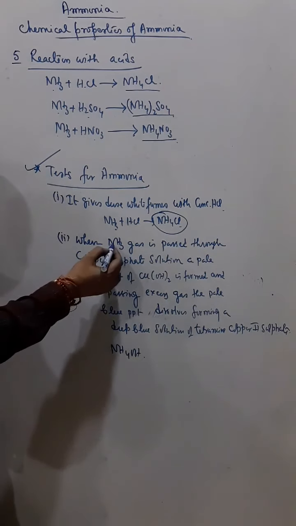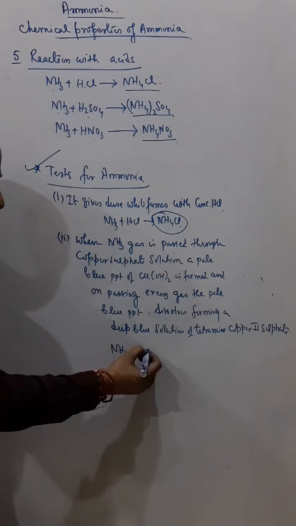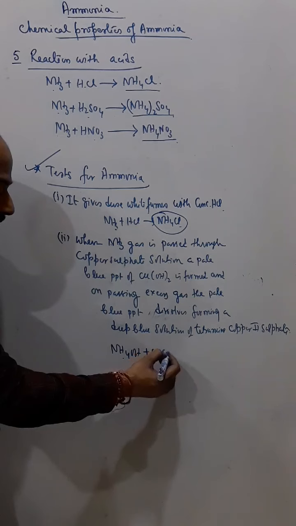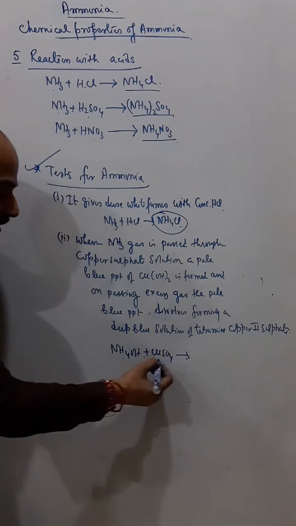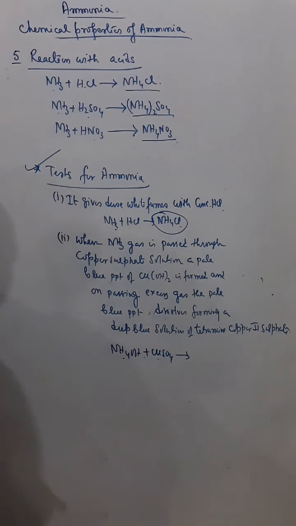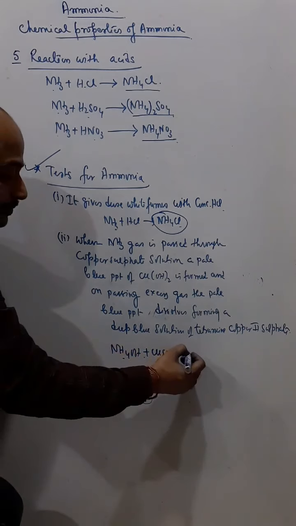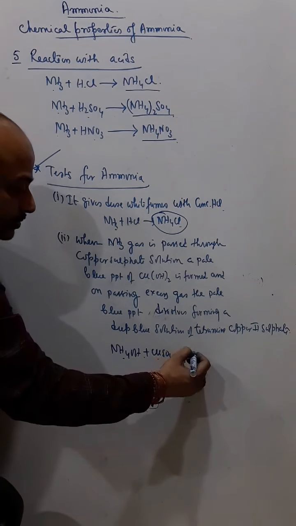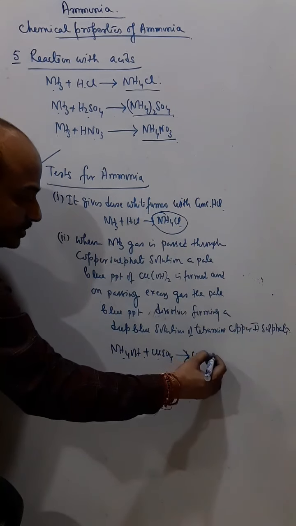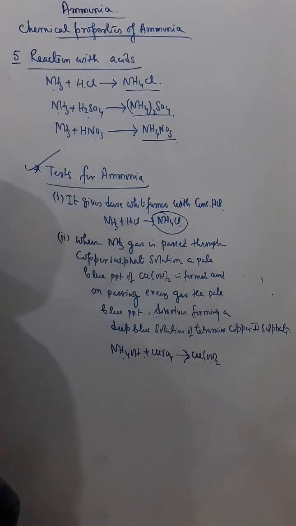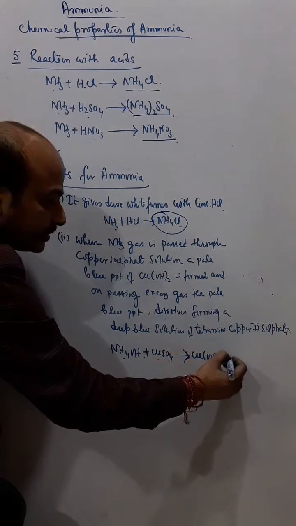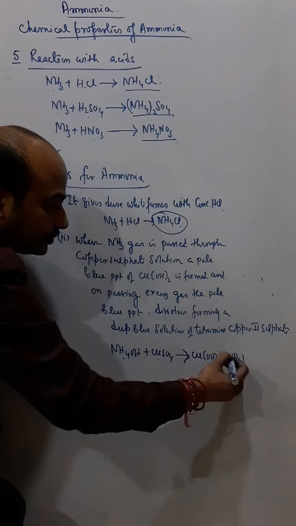It reacts with copper sulfate solution. Now you have done this reaction in analytical chemistry. So with copper sulfate solution, you get a pale blue precipitate of copper hydroxide and ammonium sulfate, (NH4)2SO4.